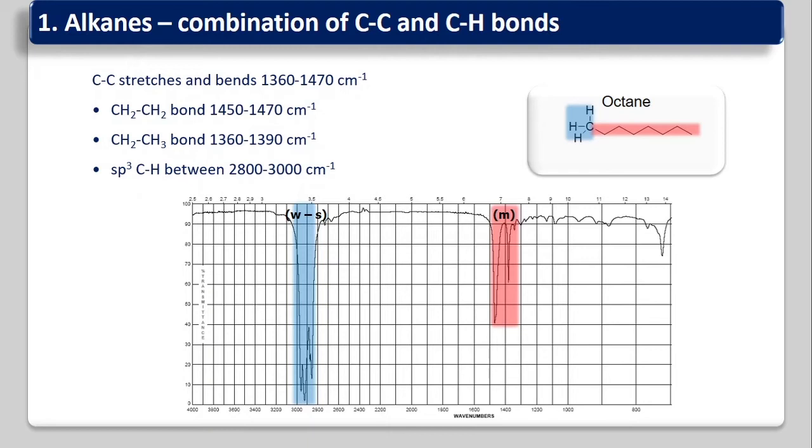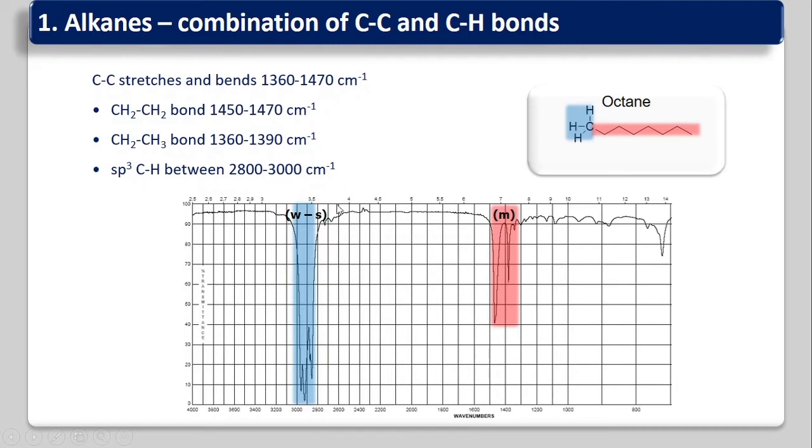Suppose CH2, then you get peaks between 1450 and 1470 centimeter inverse. If that is a CH3 group, then that absorbs around 1360 to 1390 centimeter inverse. But the characteristic peak is for the CH. The CH peak is around 2800 to 3000 centimeter inverse.